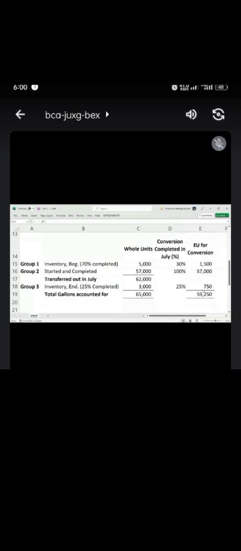Now, ato siyang gi-divide, 66,000 divided by 60,000, that's 1.10 per gallon. And then, 17,775 divided by 59,250 is 0.30 per gallon. So, mao ni ang total cost.